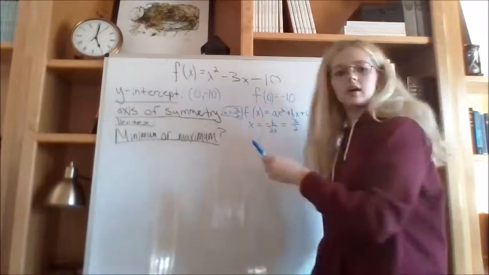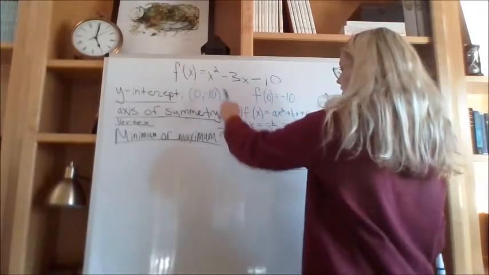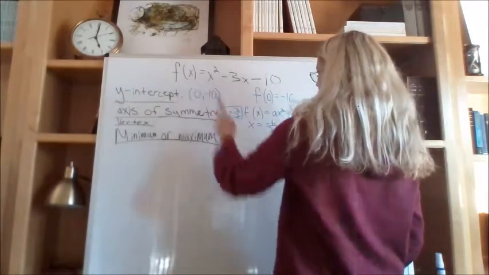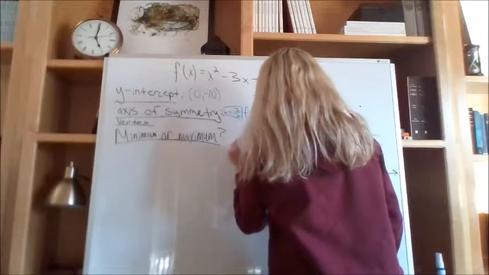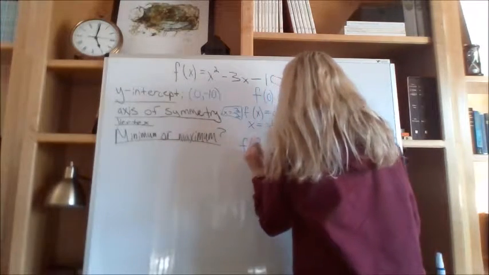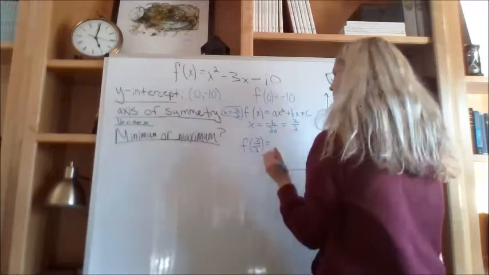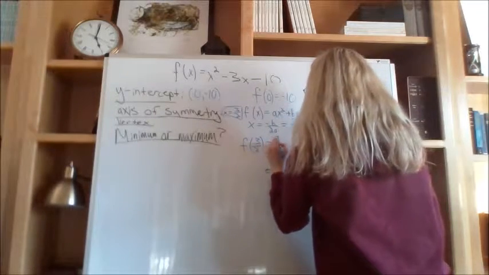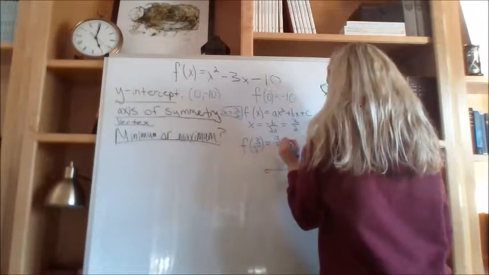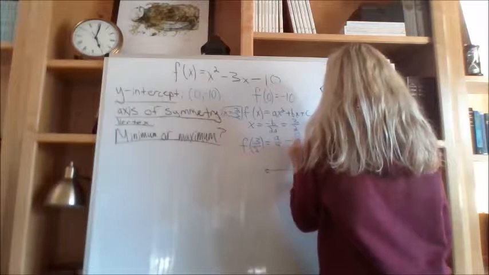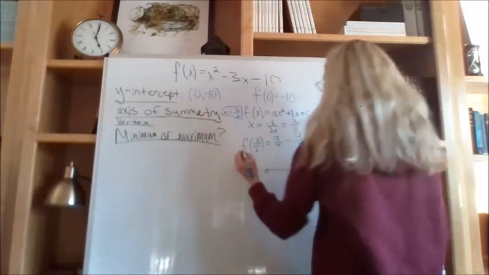So to find the vertex, we just enter in 3/2 for x, so we get f of 3/2 equals 9/4 minus 9/2 minus 10.